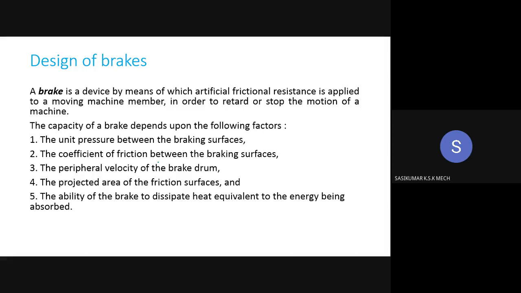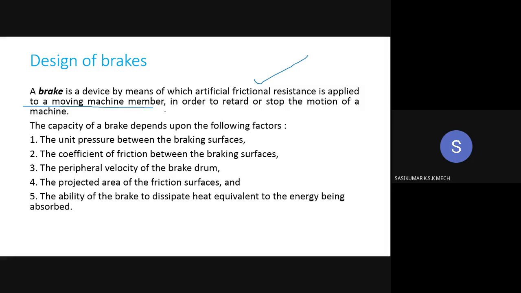In the case of clutches, you have plate clutch and cone clutch only. In the case of brakes, you have some different cases. First of all, what do you mean by brake? It is a device by means of which artificial frictional resistance is applied to a moving machine member, like applying brake on an automobile.